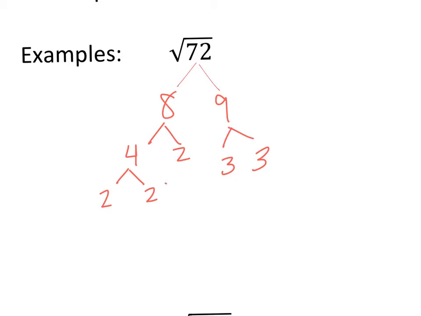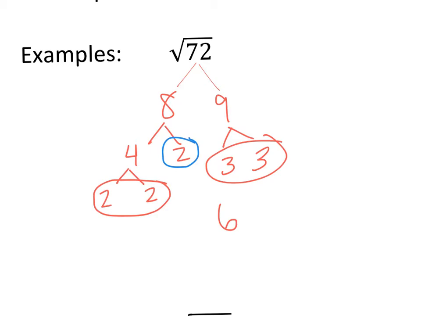Any pairs that you see like this and like this will come out of the radical. So I have a pair of 2's and a pair of 3's, so you do 2 times 3, which is 6. And anything that is left unpaired here will remain inside the radical. So your final answer is 6 radical 2.